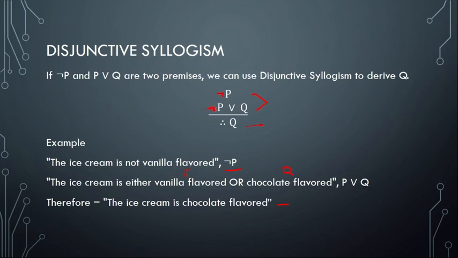Here in not P, as you can see, the ice cream is not vanilla flavored. So, not P proposition. Then, in the next hypothesis, the ice cream is either vanilla flavored or chocolate flavored. It is important to remember that.